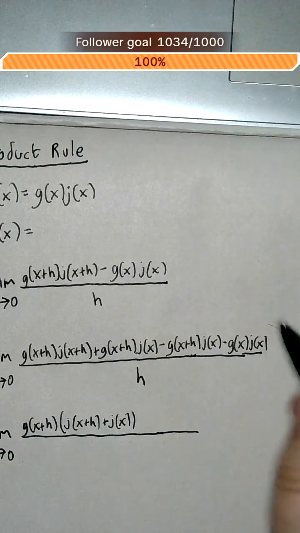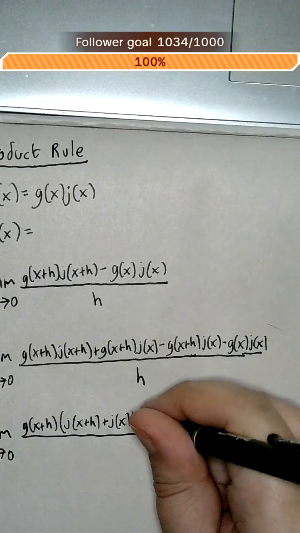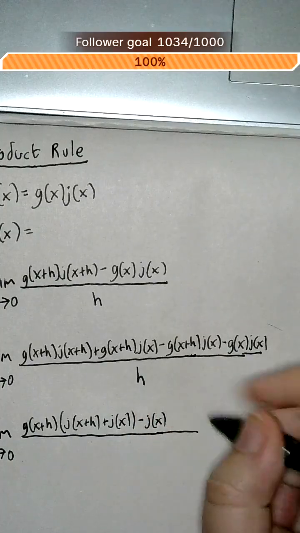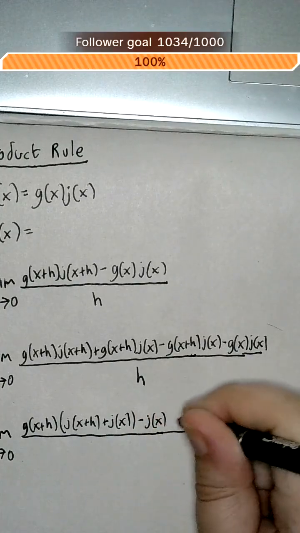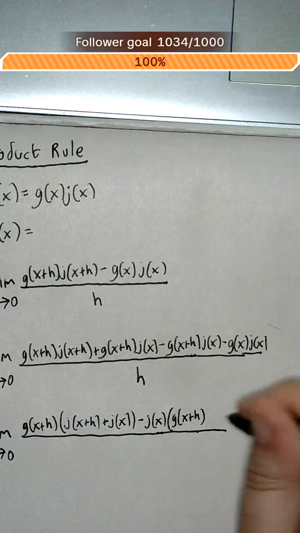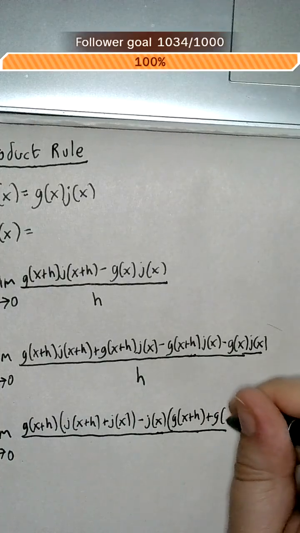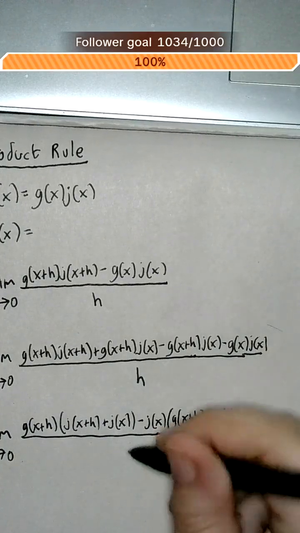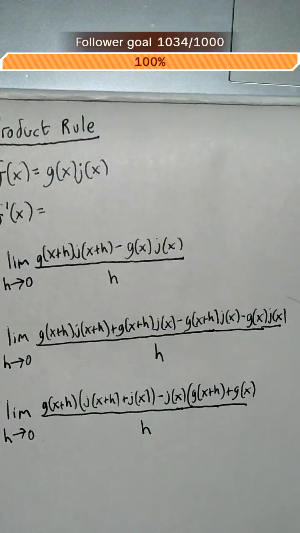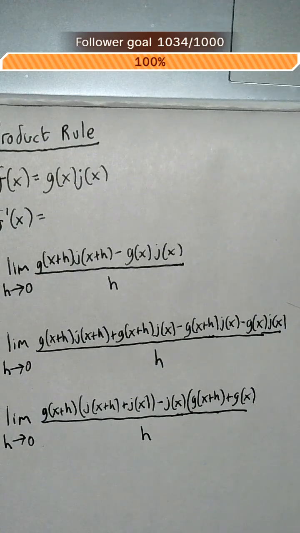So then I'm going to factor out a negative j of x, and I'm left with g of x plus h plus g of x. And that's going to be all over h. So now I'll include the limit back.